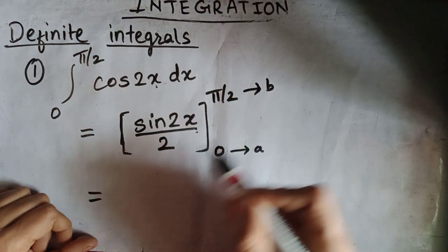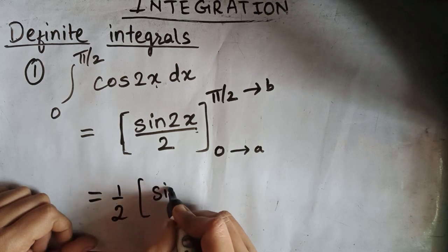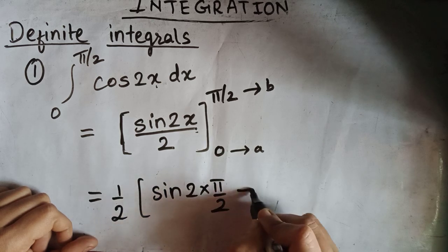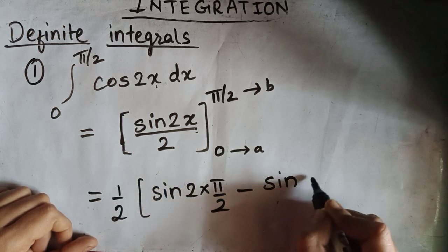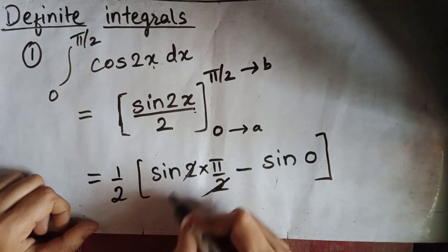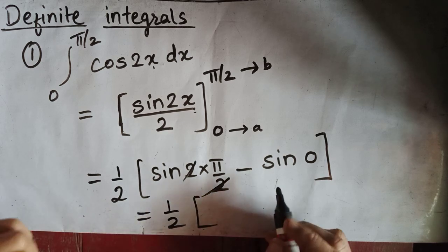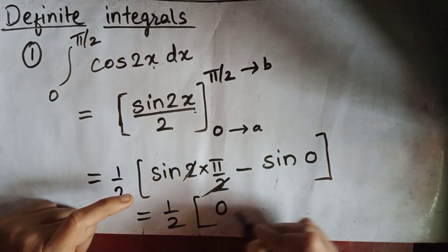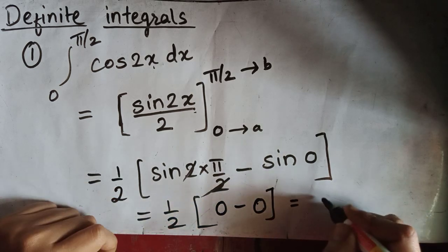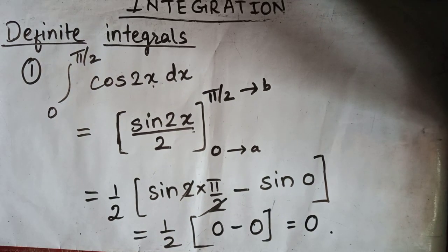So half you can take outside: sin 2 into pi by 2 minus sin 0. So this will be half sin pi. Sin pi is 0 and sin 0 is also 0. So the answer is half into 0, which is 0.